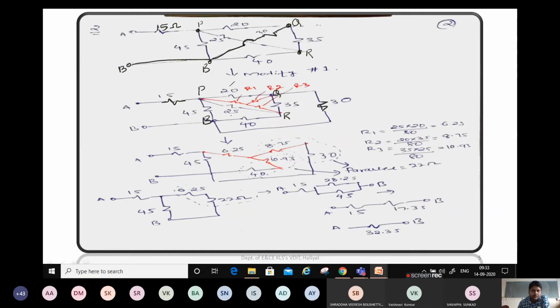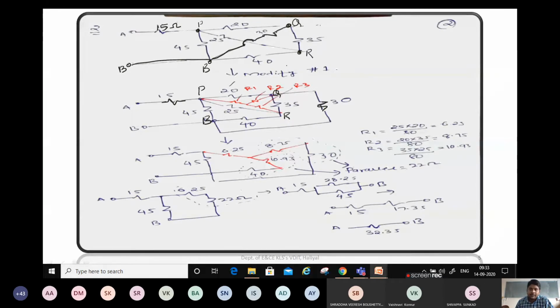In the middle we get two delta networks, this delta and another delta network, and outside also we have a delta network. You should first imagine the circuit: what could be the equivalent circuit I may get?